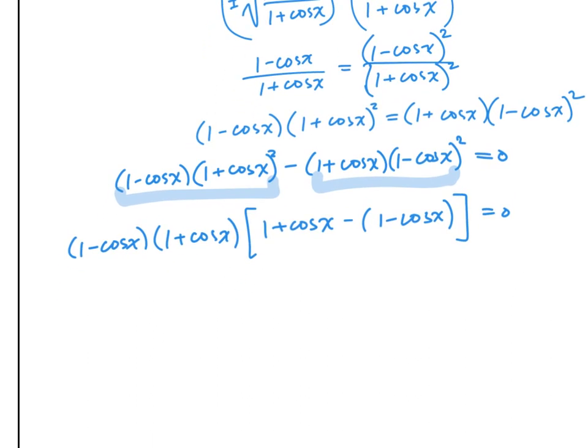So rewrite this part: 1 minus cosine x, 1 plus cosine x, and I'm going to clean this up. If I distribute a negative sign, I get 1 plus cosine x minus 1 plus cosine x. So the ones are going to cancel. I have 2 cosine x.